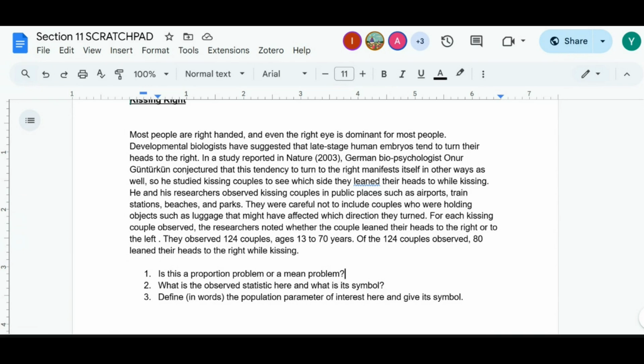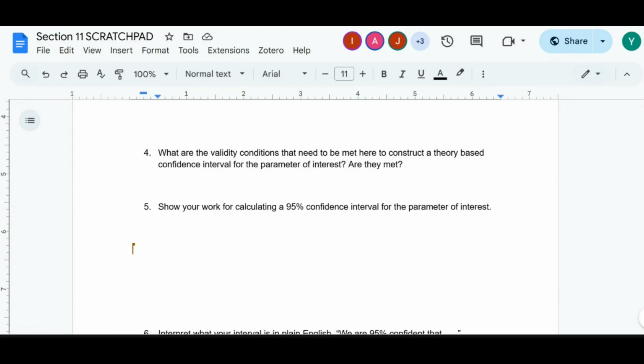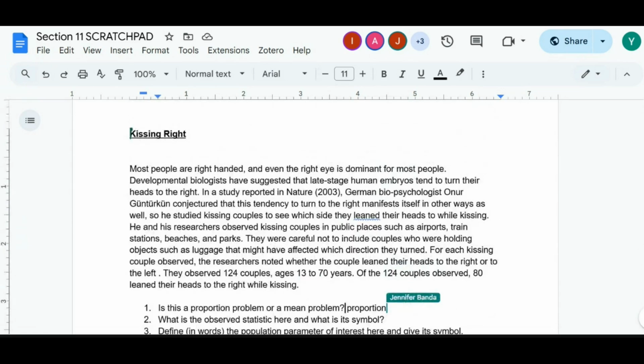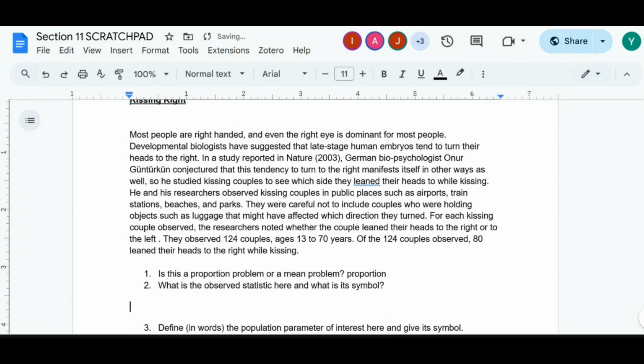Long story short, this is a proportion problem because of the question that you asked. So what is the observed stat here and what is its symbol? The observed stat is not 13 years old. It's 80 out of 124.